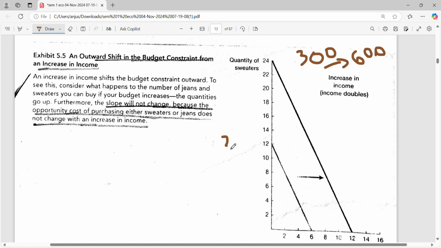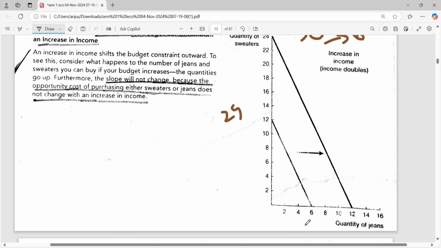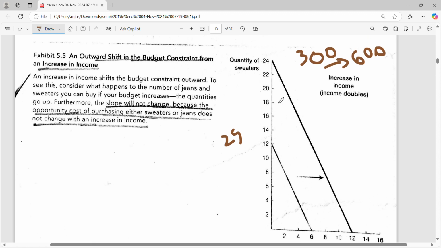Sweater is still 25 and jeans is still 50. So with 600 rupees, how many sweaters can you buy now? With 300 you could buy 12 sweaters, so with 600 you can buy 24 sweaters. So the intercept is now here. And the jeans, with 300 you could buy 6, that means with 600 you can buy 12 jeans. So now the intercept is here with the new income.